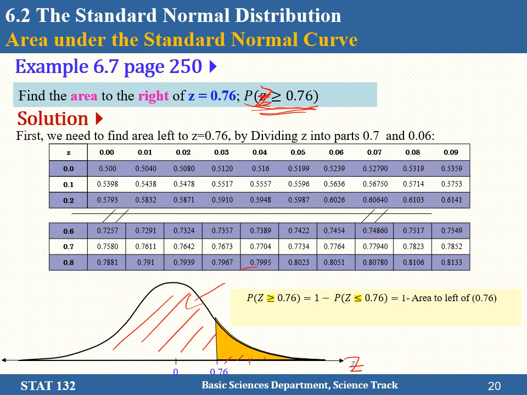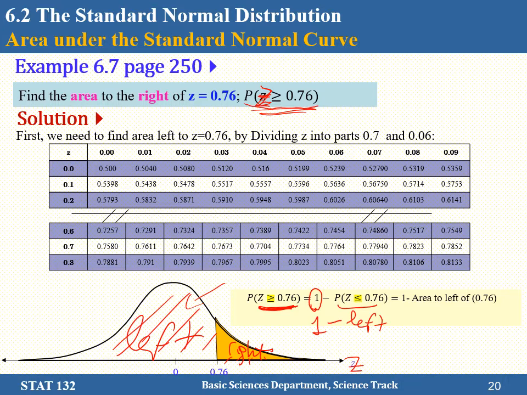write P(Z bigger than or equal to 0.76) as 1 minus the left area, because it's asking for the right part and the table gives the left.